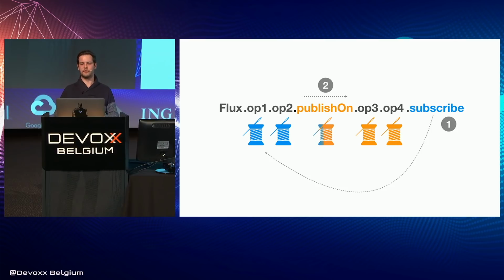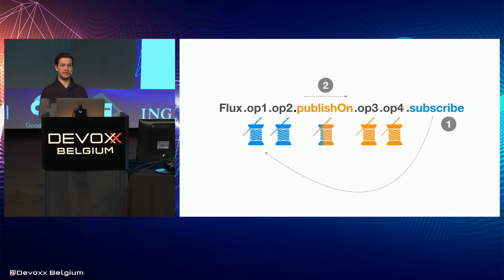And by default, naturally, the data will be generated and emitted in the same thread, so the blue thread. So OP1 doesn't do anything with threading, it's just a transformation. It runs on the blue thread. OP2 runs on the blue thread as well. And then enters publishOn. When publishOn receives something, it will switch to its scheduler-provided thread and emit that same data on that new thread.